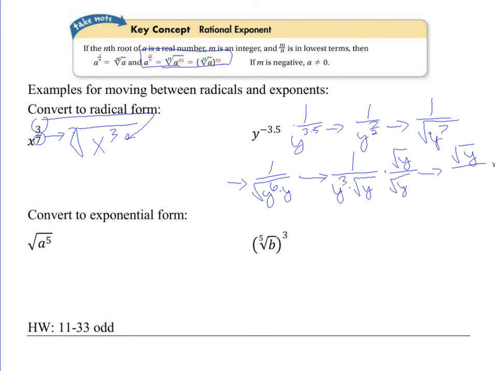The denominator is y cubed times y, which is y to the 4th. And that takes care of all of my issues. I can't reduce this any farther. I don't have any roots in the denominator. I don't have any exponents being written as fractions. I have radical form here. So that's the answer. Converting from rational exponents to radical form can be kind of a process. Just follow all the rules as you go and you'll be fine.